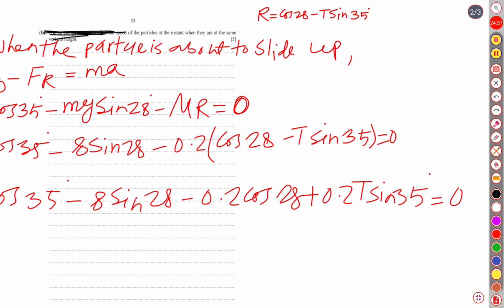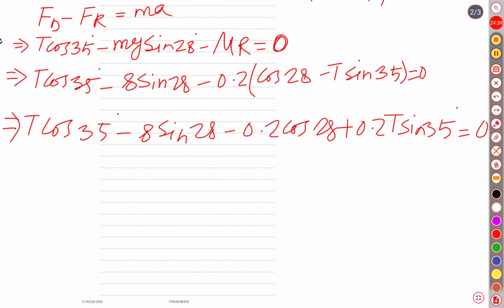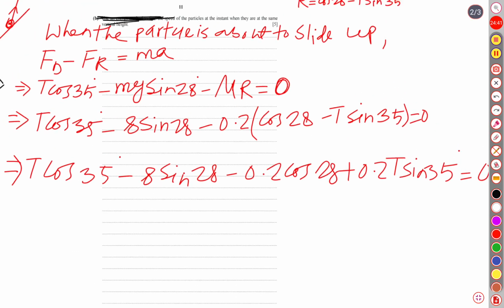So let me zoom it in again. Yes. So what is it going to be now?